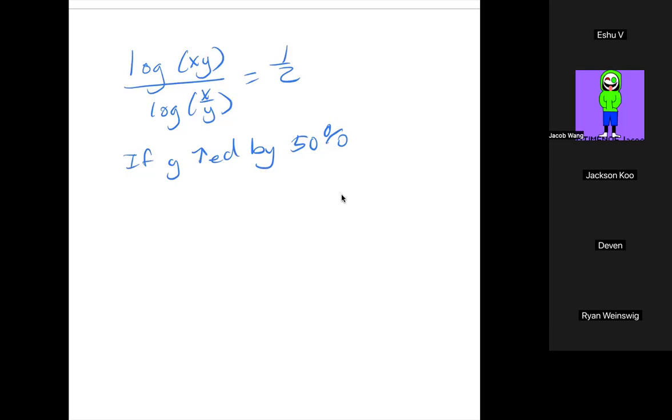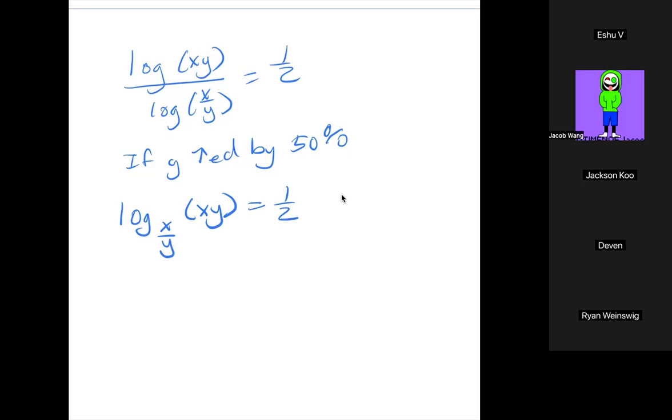What I thought of doing is, looking at this equation with logs, comparing what x is versus y is going to be pretty hard. So let me simplify this equation first, and tell me if you can follow what I'm about to do. What did I just do on the left? Change of base. Yes, great, change of base.